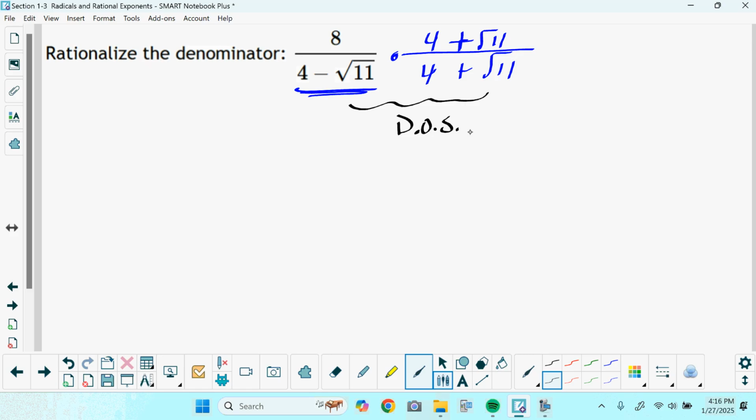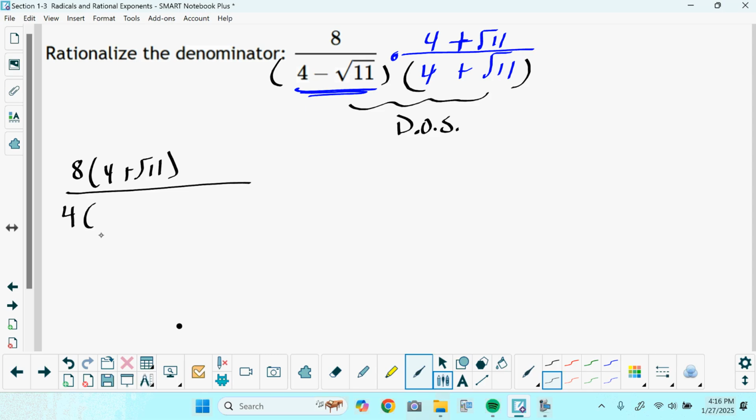We'll show it. So we want to have this up top: 8 times 4 plus the square root of 11, over, I'm going to go ahead and split it since these are going to be multiplied. That's 4 times 4 plus the square root of 11 minus the square root of 11 times 4 plus the square root of 11. So what I'm doing is just splitting my two binomials.